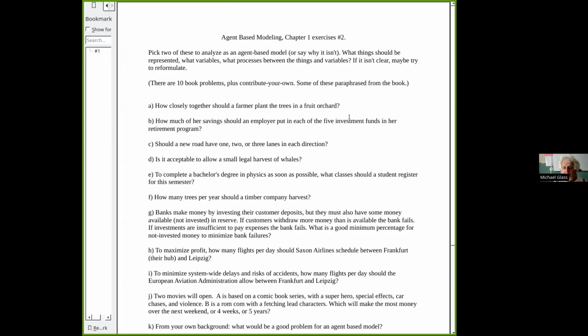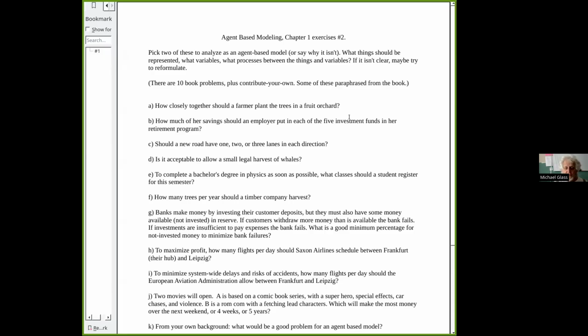Then you're going to have to assume somehow the trees are the objects, and you're going to have to make a lot of assumptions, and there are going to be variables. The implication here is that the amount of fruit that a tree produces will be affected in some way by the proximity of other trees.